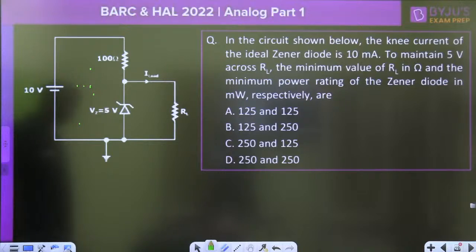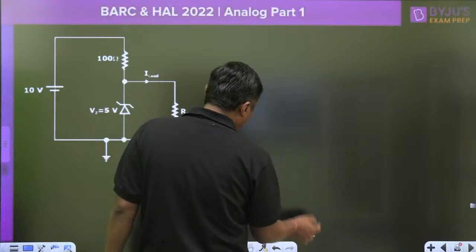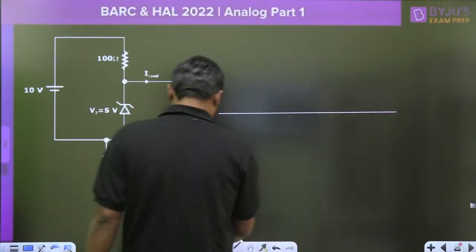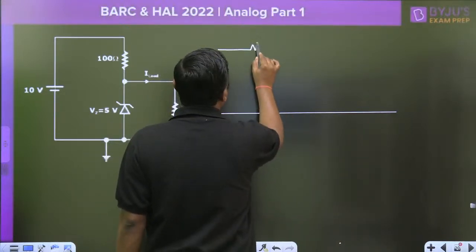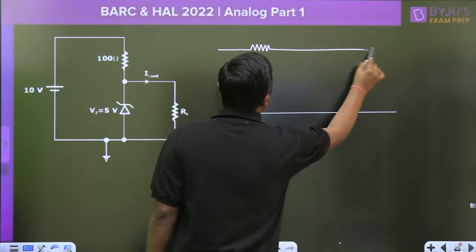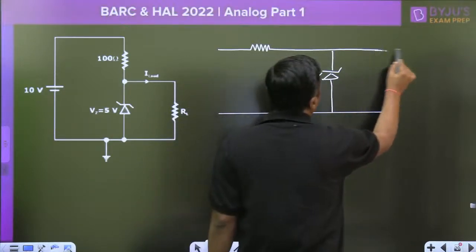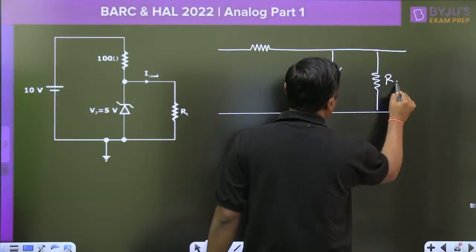Remember that this is the diagram. Normally we have this type of diagram. Here we have the series resistor RS. This is called a regulated circuit. This is the Zener diode, and this is RL.